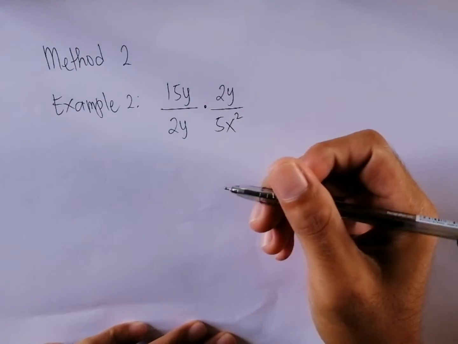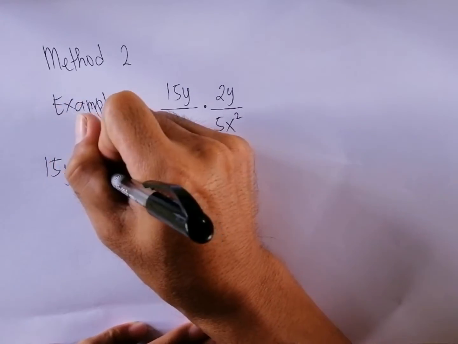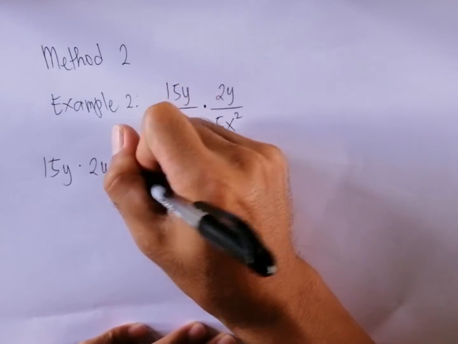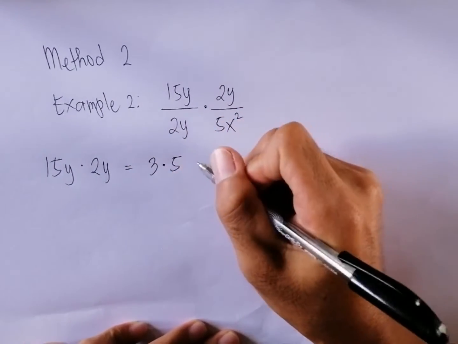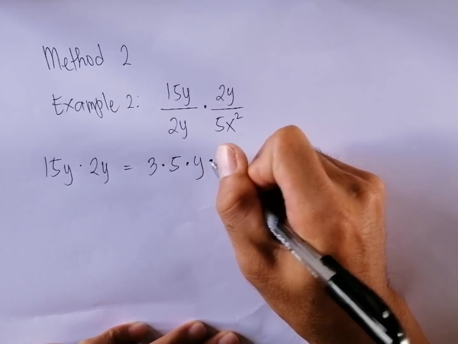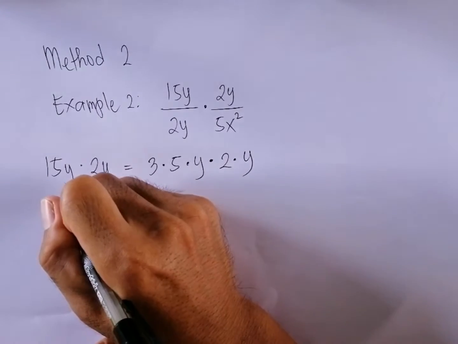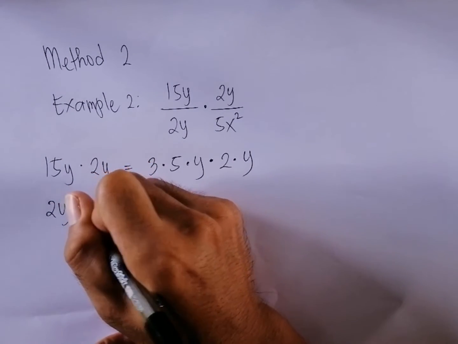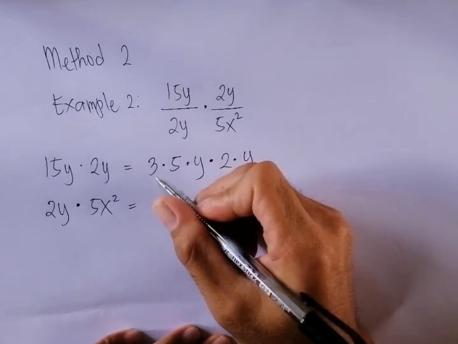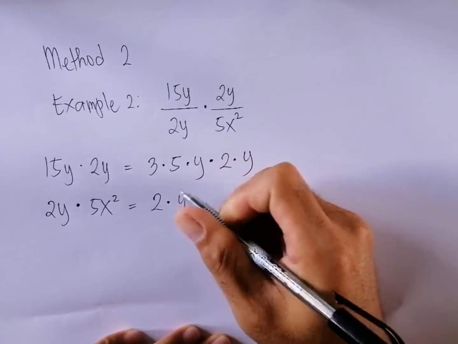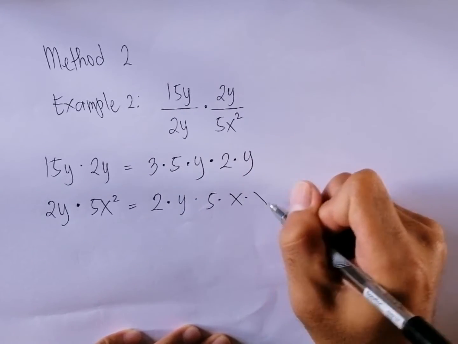So 15y times 2y is equal to, for 15 we have 3 times 5 times y times 2 times y. Then 2y times 5x squared is equal to 2 times y times 5 times x.